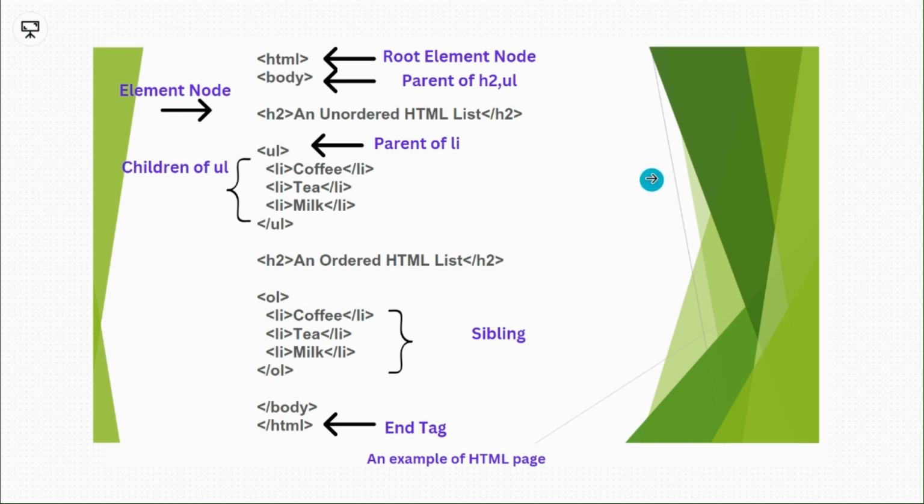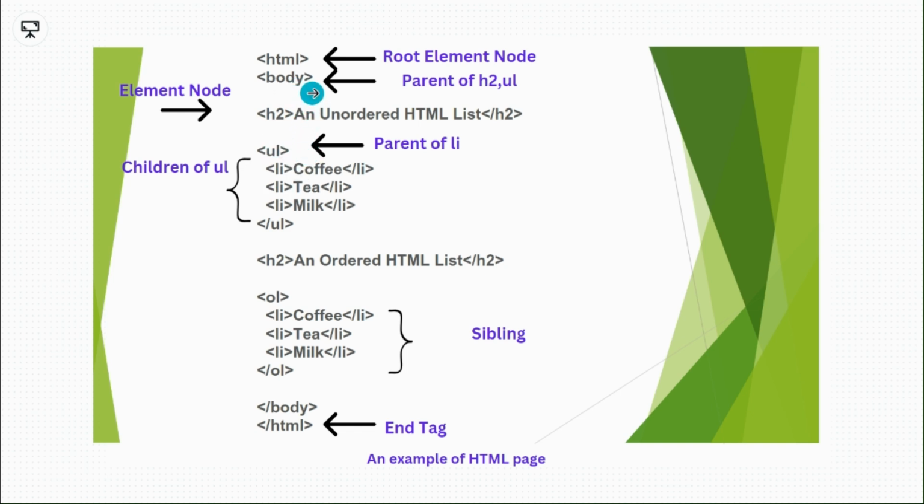And second, you can see it is a body. Everything is inside this body. So this body is the parent of this element h2, heading 2. This body is the parent of ul, this one.